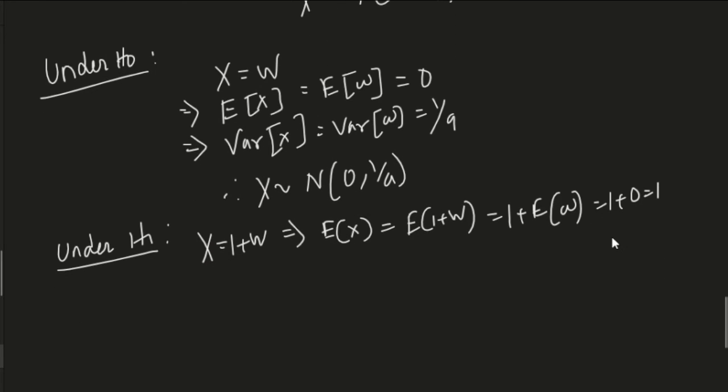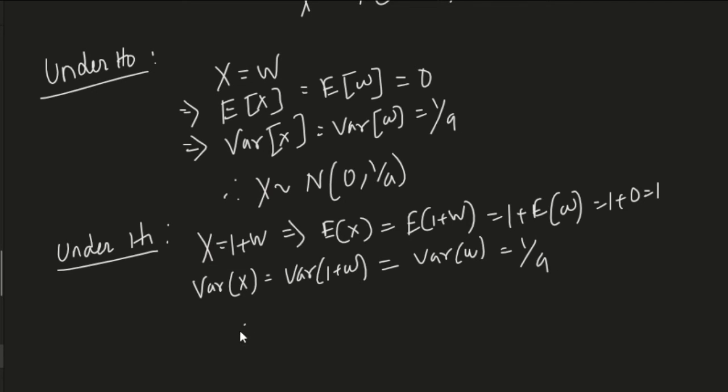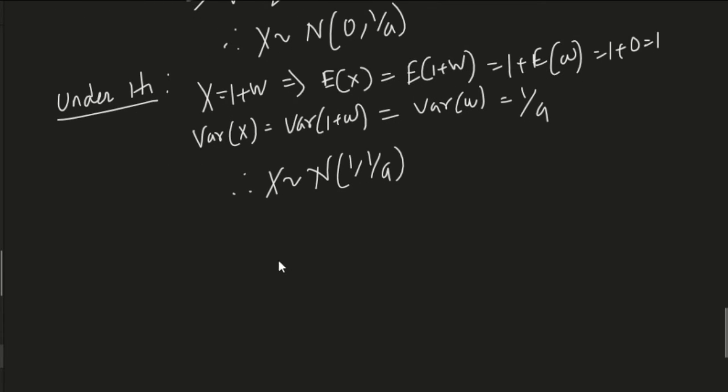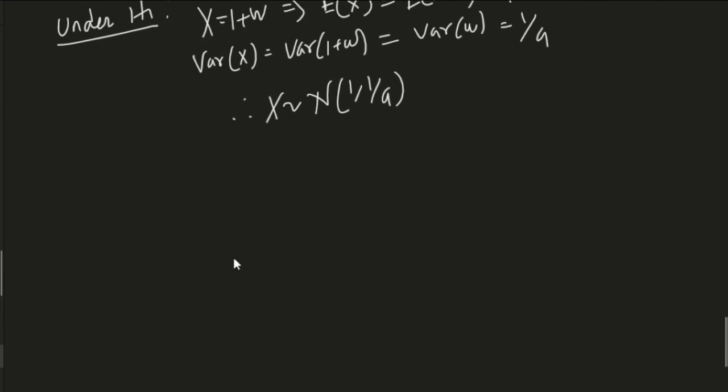So the mean is 1, and adding a constant to the variable doesn't change its variance, because variance of x would be variance of 1 plus w. Therefore x follows normal distribution with mean 1 and variance 1 by n. So yeah, that's how it works. Now the test.